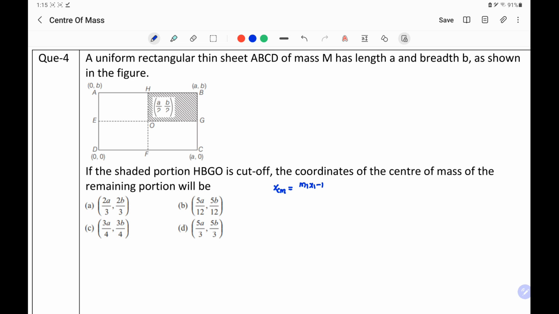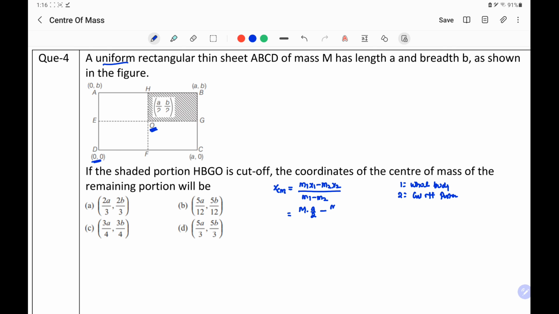x1 minus m2 x2. Here we will use minus when we use the cutoff portion, divided by m1 minus m2, where 1 refers to the whole body and 2 refers to the cutoff portion. So on substituting the values, the mass of the whole body is given as capital M, and the position of its center of mass from the reference point 0 0 is a by 2 in x direction, minus the mass of the cutoff portion, which will be m by 4, that is 1/4 of the total rectangular sheet, because the sheet is uniform.